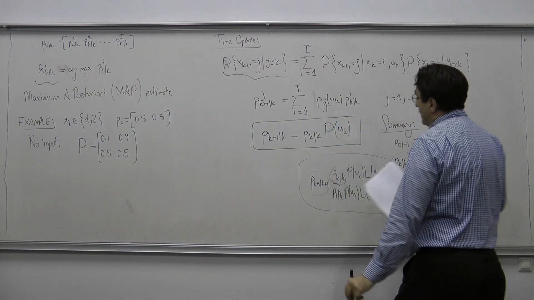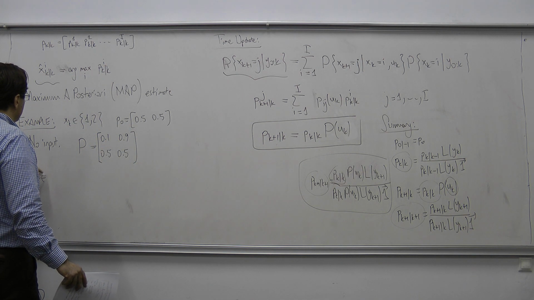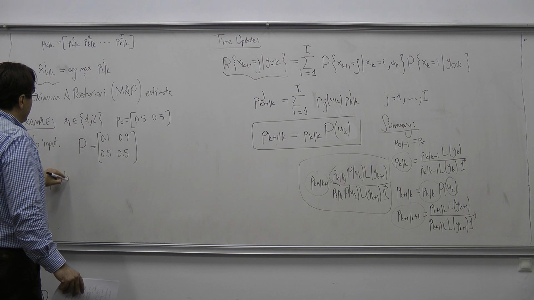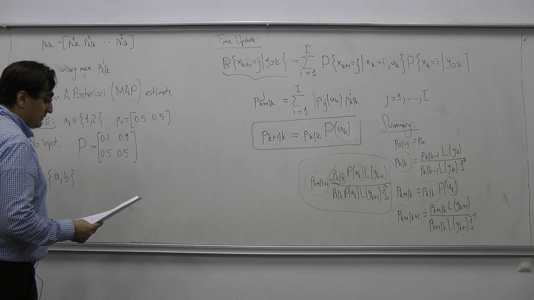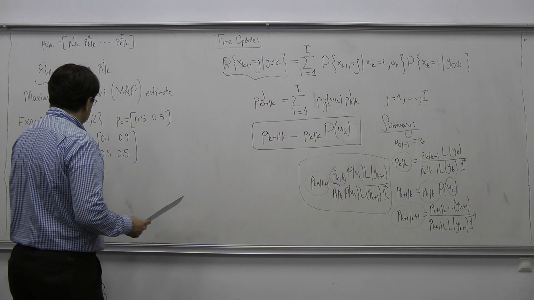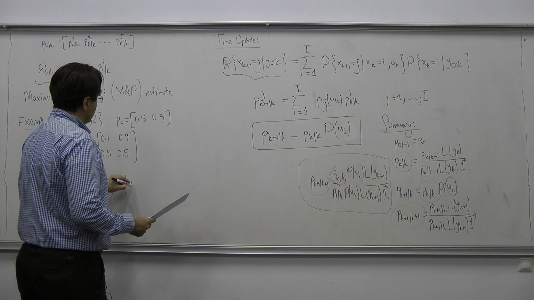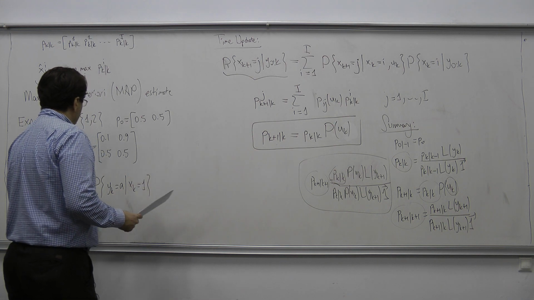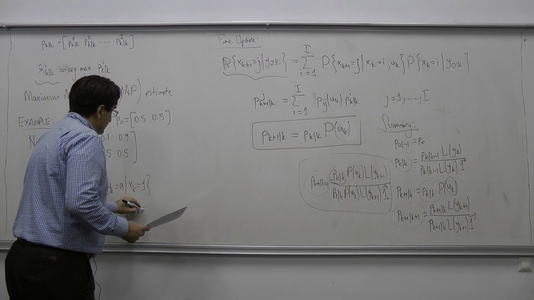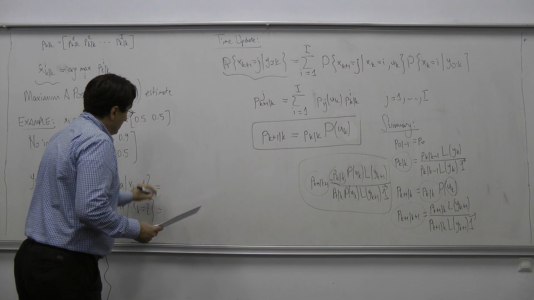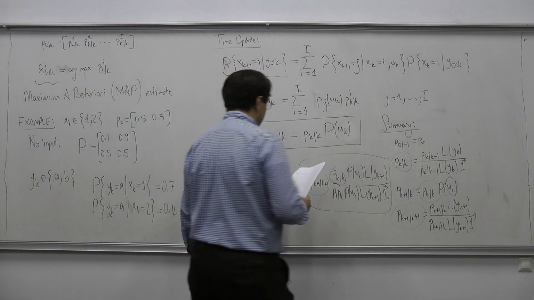And let us say that the output takes two values, A and B. Now, instead of 1 and 2, I use the values A and B, and we are given the likelihood values. The probability that yk is equal to A given xk is equal to 1, and that yk is equal to A given xk is equal to 2, are 0.7 and 0.4.